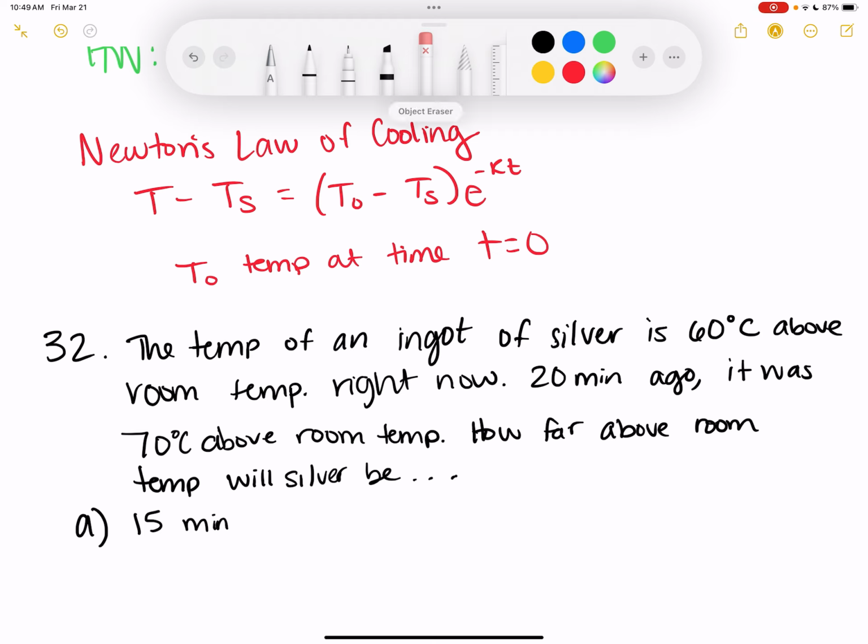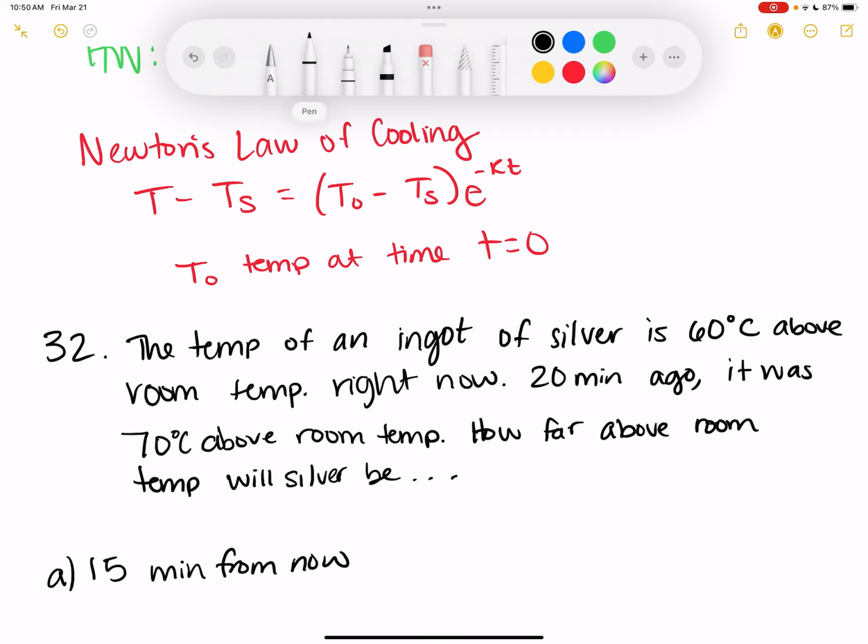Actually, I'm going to leave some space and write, I'm just leaving one line to write what all these things are from the problem, because I'll need it going through, basically.